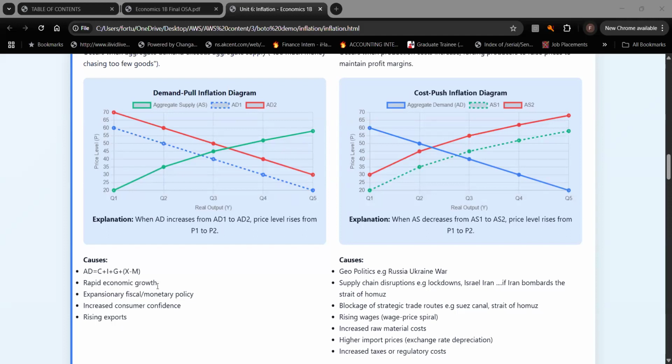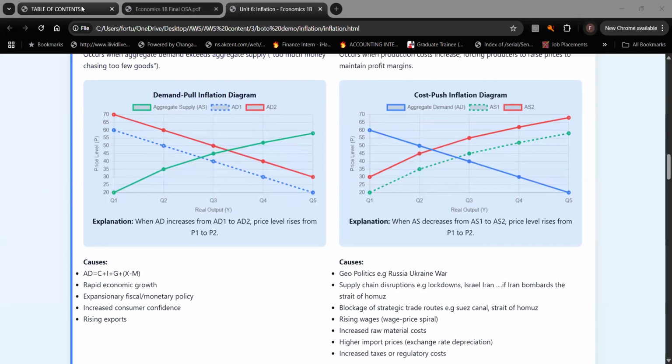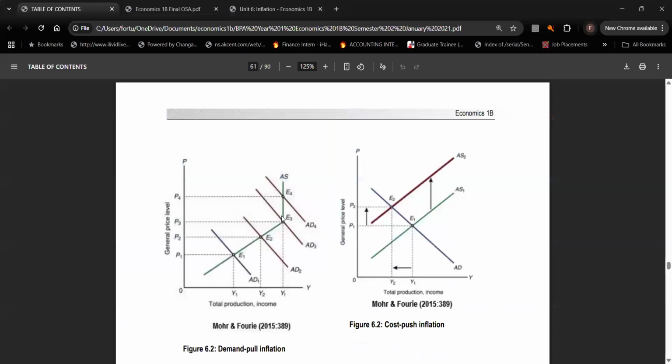So with a rapid increase in economic growth, that is where you have your aggregate demand shifting to the right, and the aggregate supply is also trying to pop up to that. But as we're highlighting within the study guide there, you have a graph that is now upward sloping, that is the long-term, we refer to that as the long-term supply curve. So the long-term supply curve indicates the inability of resources to be flexible.